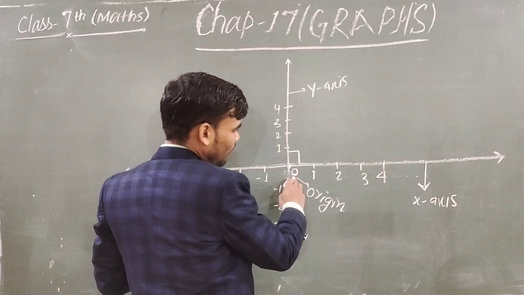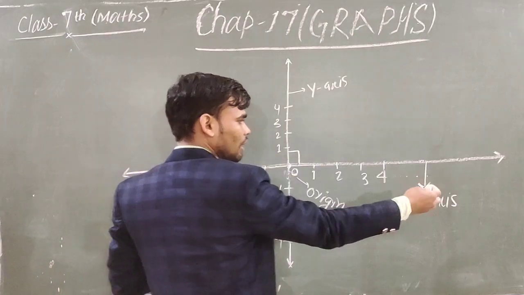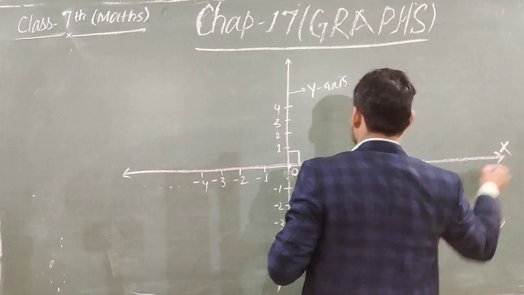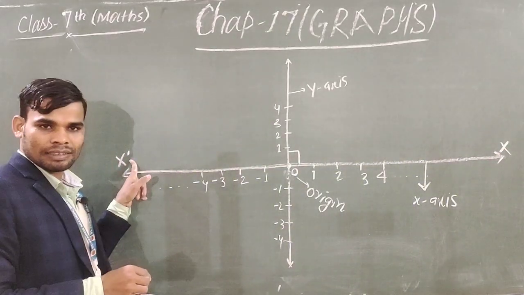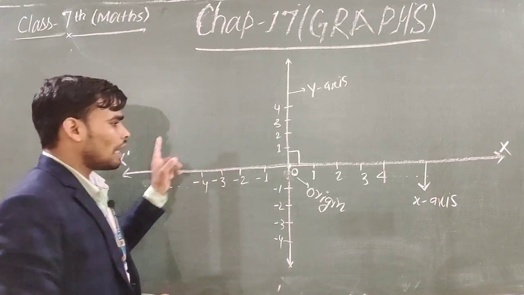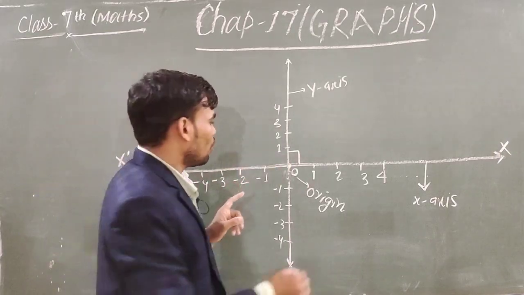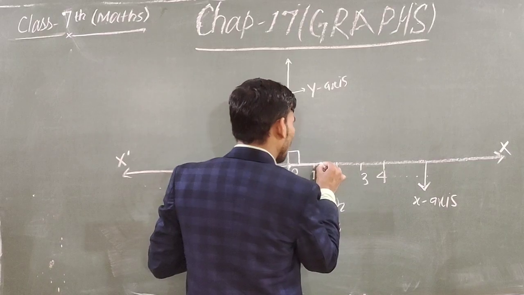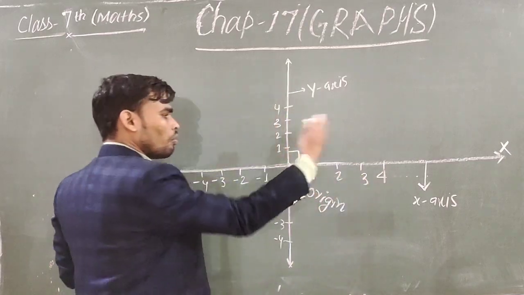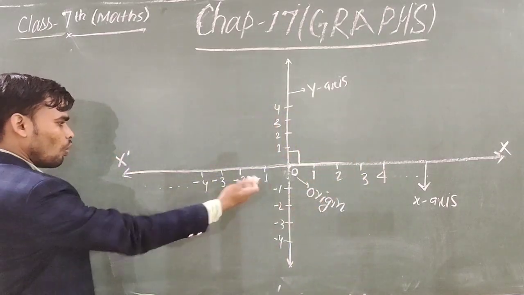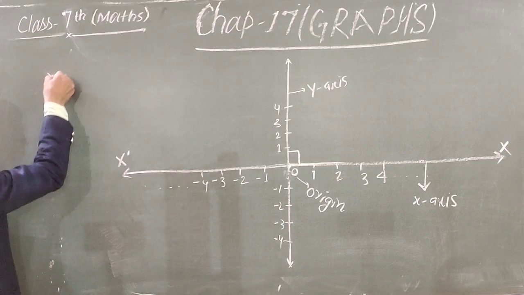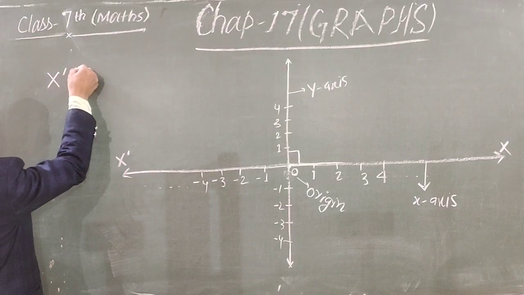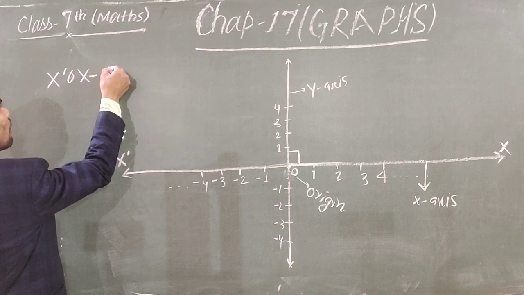So this is point O. From O to the right side we denote this as X and the left as X dash. X dash denotes negative x-axis and X denotes positive x-axis. So here OX is positive x-axis and OX dash is negative x-axis. Finally we write X dash OX is x-axis.